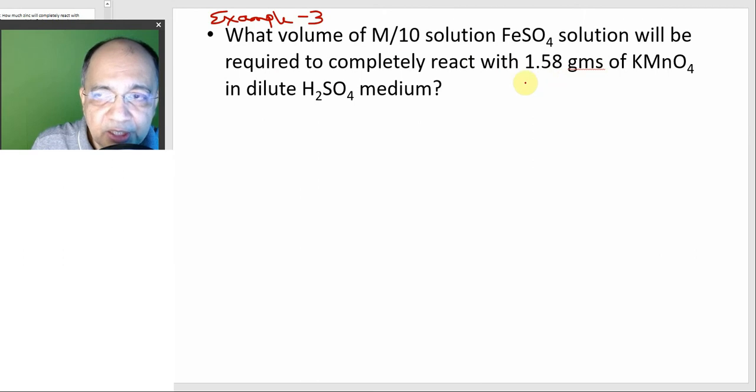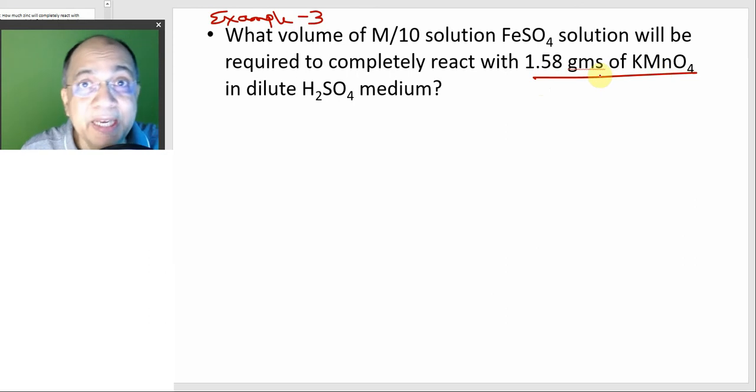Here, the volume of the solution of one reactant is not given. The absolute mass of the pure reactant is given. In the volumetric analysis that we are doing now, at least one reactant is required in the form of a solution.